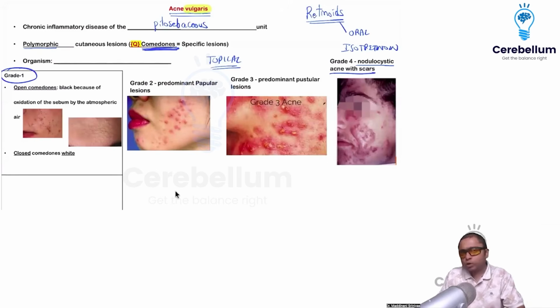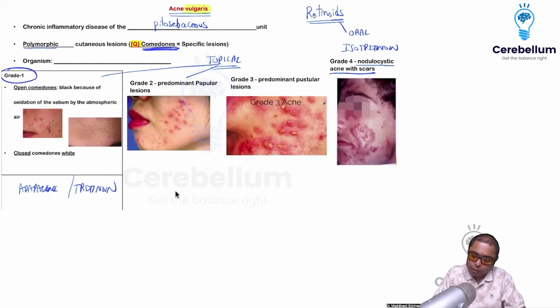The commonly used topical retinoid is adapalene, or we can also prescribe tretinoin. So topical retinoids will be used in all of them, 1 to 3.